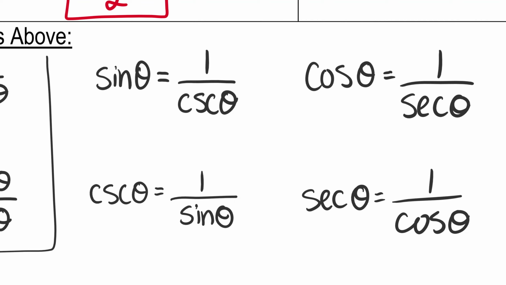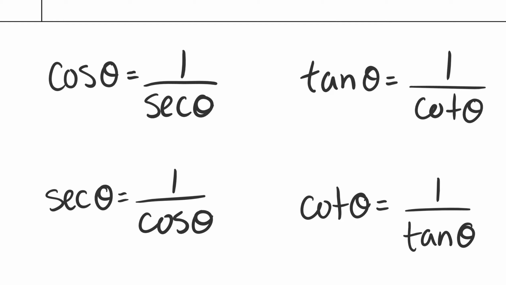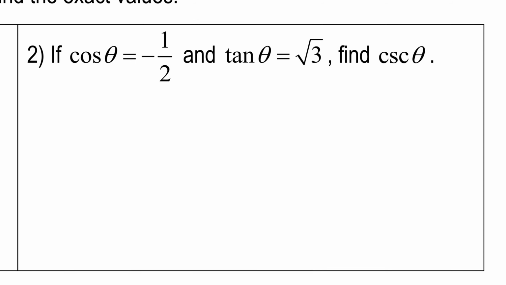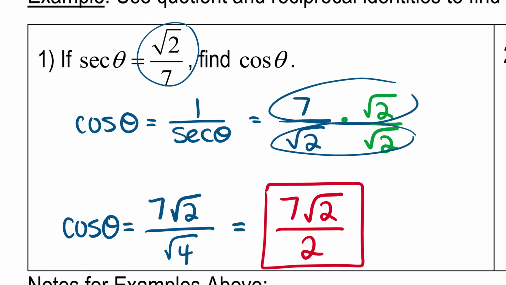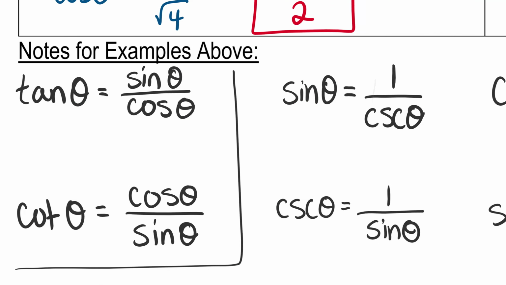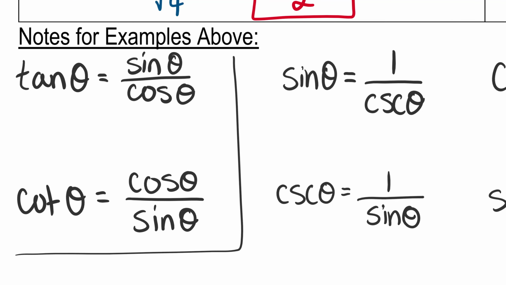That's what I want. But if I look at what I have, cosine and tangent, I don't have sine. And this is where the quotient identities come in, the first two we did. Notice I have tangent, I have cosine. If I have 2 of 3 things, I can find the missing thing, the sine theta, flip it and get cosecant.